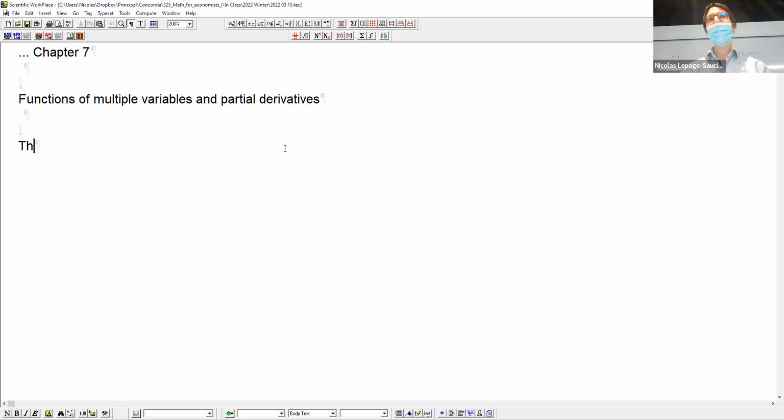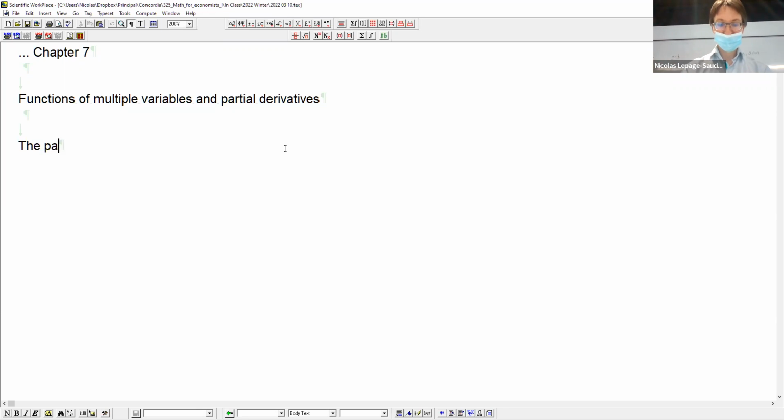So what's a partial derivative? In a sense, it's taking a derivative with respect to a single variable inside a function, and we just imagine that all the other variables don't change. That's it.